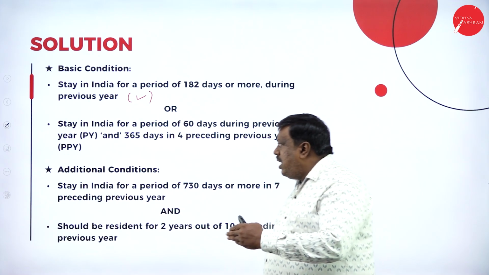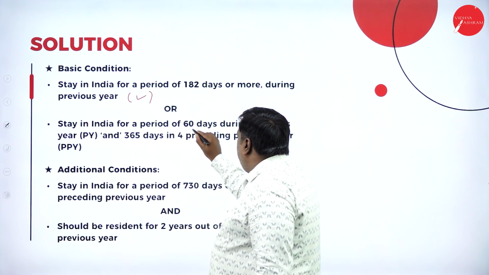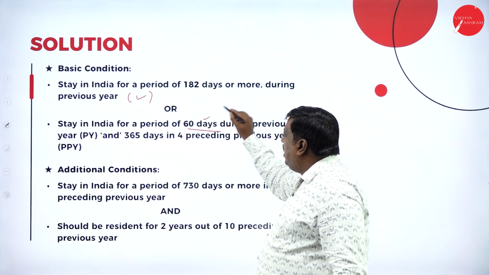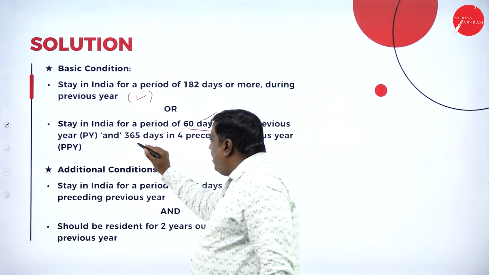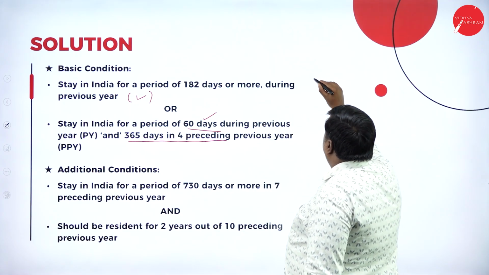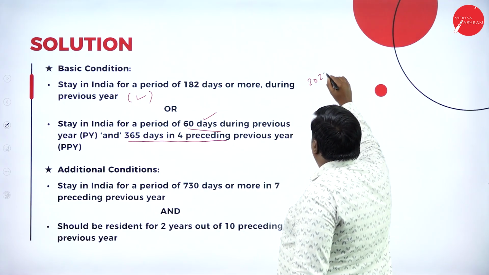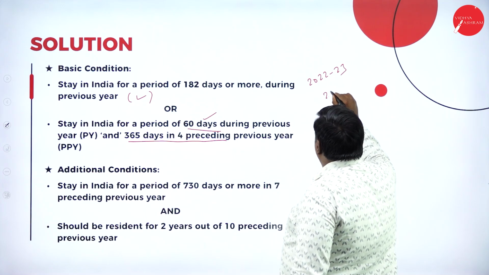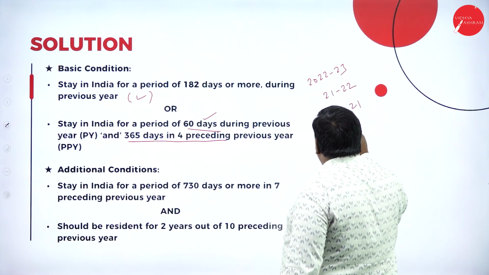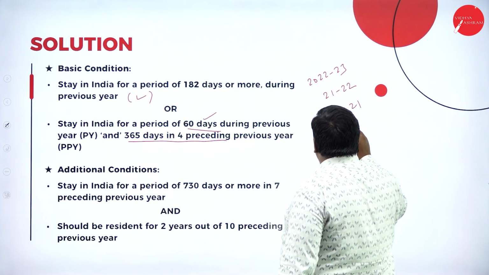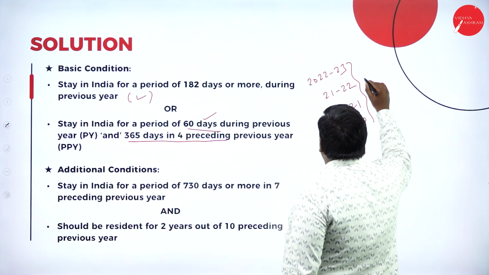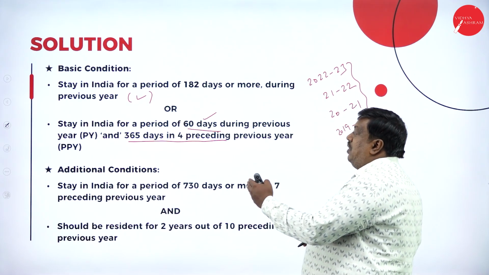My second basic condition says I should stay in India for 60 days. I've satisfied half of that basic condition. The second half of the basic condition is 365 days in the 4 preceding previous years. That is nothing but 2022-23, 2021-22, 2020-21 and 2019-20. In these total 4 years, my stay should be 365 days, as they are saying.